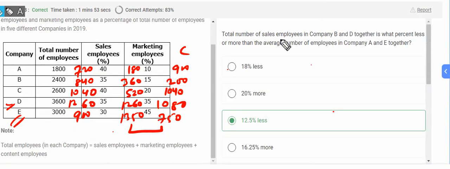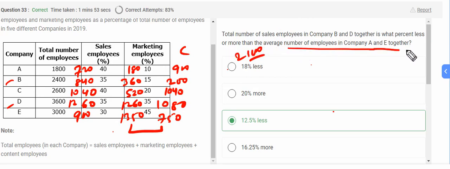Okay, so total number of employee in company B and D together. So sales employee, what they have asked is sales employee. So B and D, B is here, D is here. So B and D together is 2100. Okay, what percent more or less than the average number of employee in company A and D together?